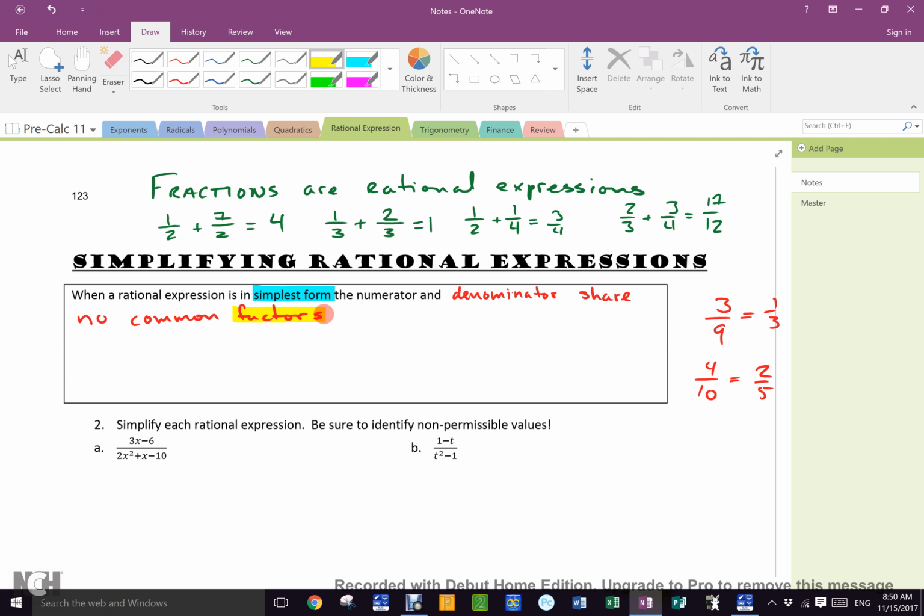Okay? And here's what I mean. We'll do a nice, easy one with just numbers. No letters, no polynomials, nothing. 32/48. Let's pretend you're real bad at simplifying.